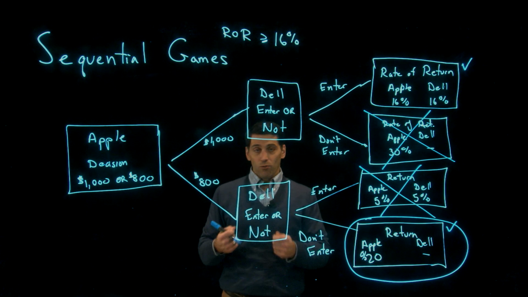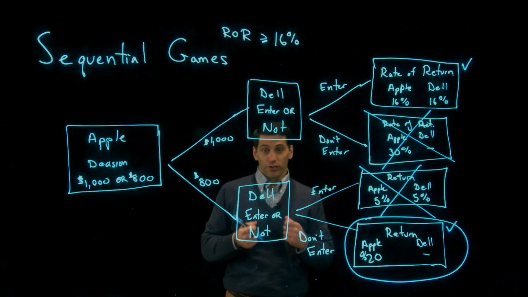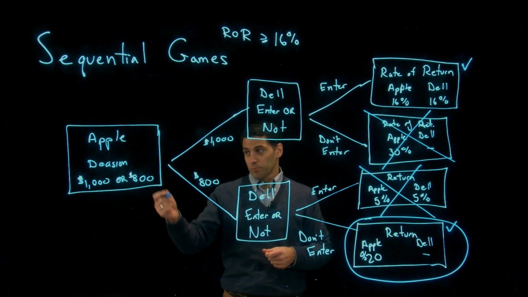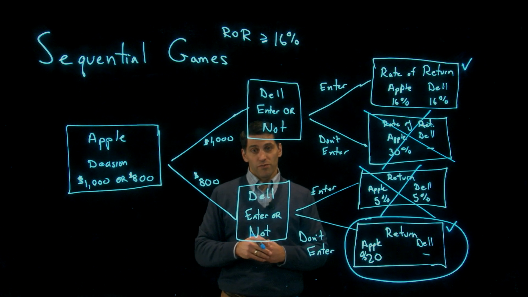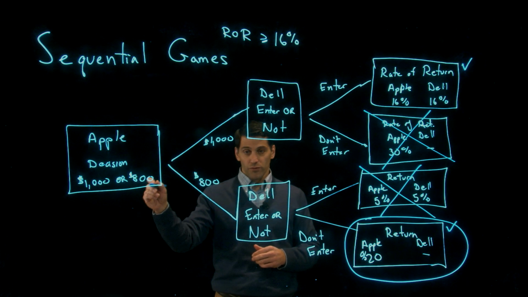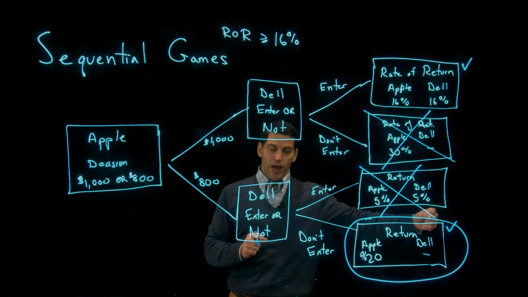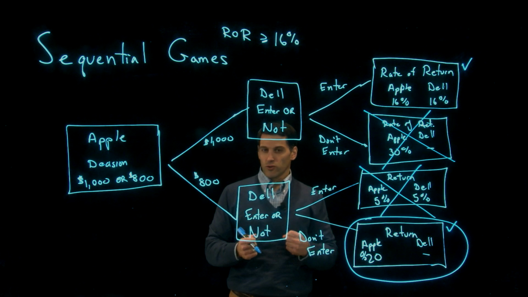That would be a way for the second mover to eliminate what we have here, which is a first mover advantage. This is an example of a first mover advantage for Apple, because by moving first and charging that lower price, they can keep the competition at bay, keep them out of the market. So are there ways strategically that Dell could try to counter that by trying to affect the payoffs? Right? And we'll talk about that in class.